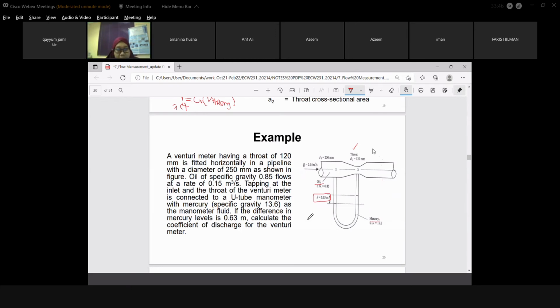The question asks us to calculate the coefficient of discharge. So where do we get the coefficient of discharge? Of course from Q. Q equals CD times area times velocity. Clear?